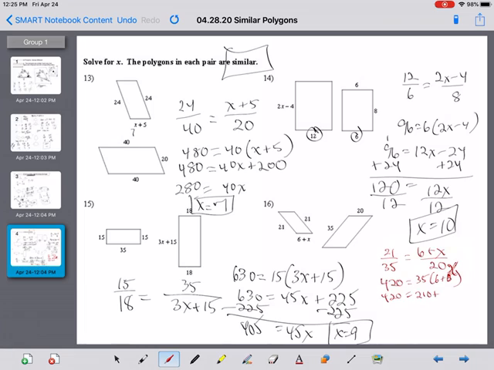Oh, what am I doing? Whoops, plus 35x, subtract 210 from both sides, 210 equals 35x, 210 divided by 35, x equals 6.